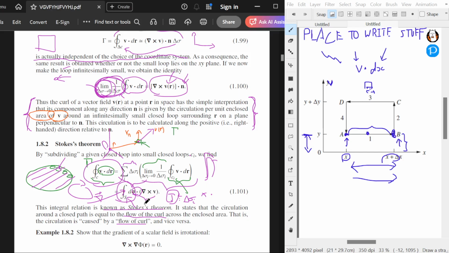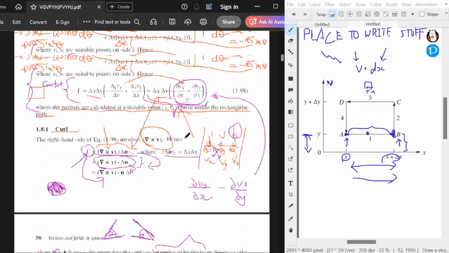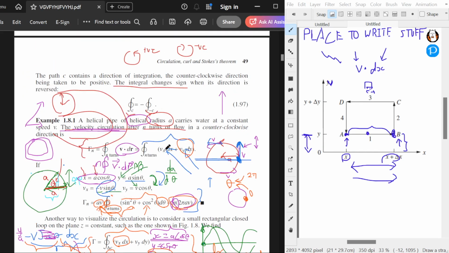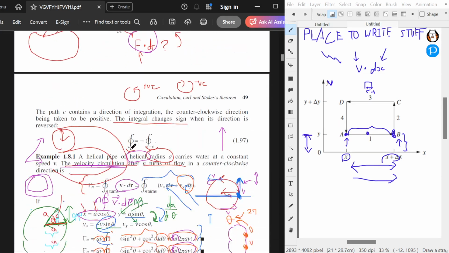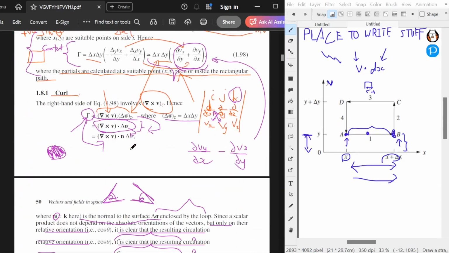Flow of curl. This is curl over here. Flow. What is flow? Did they ever say what flow is? This is what I don't like.